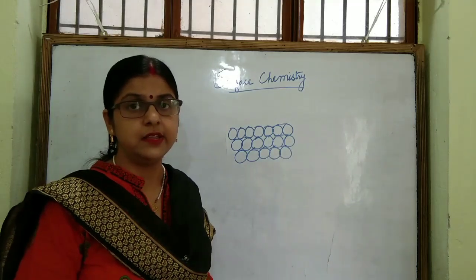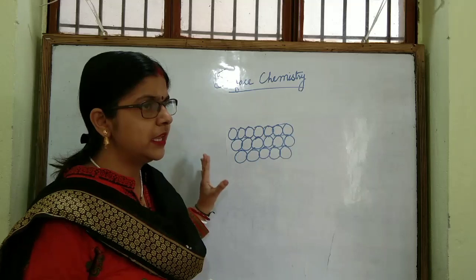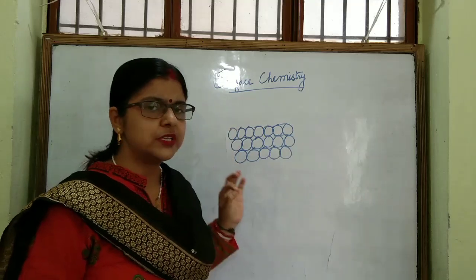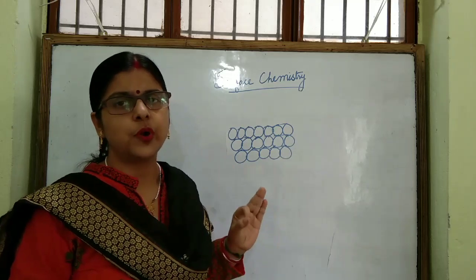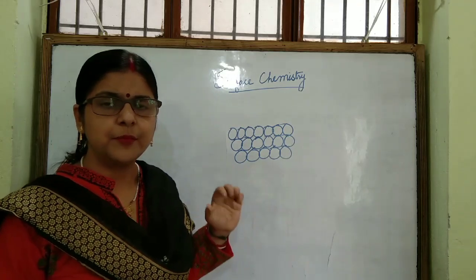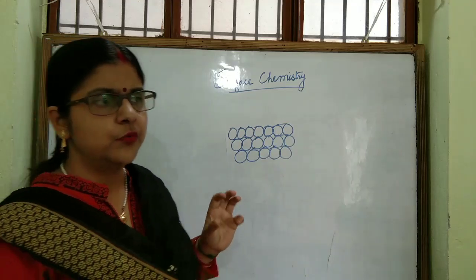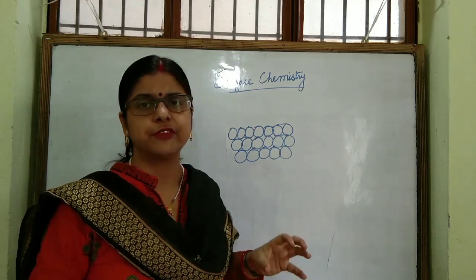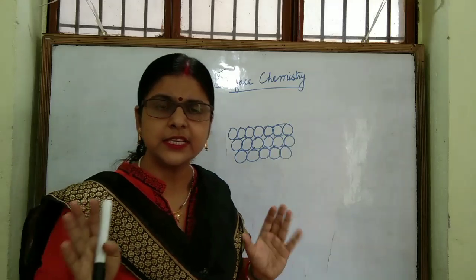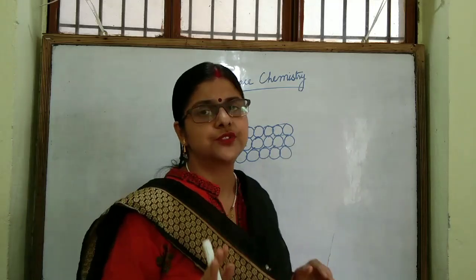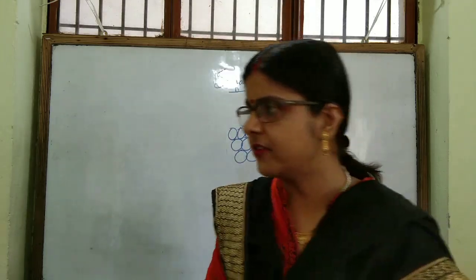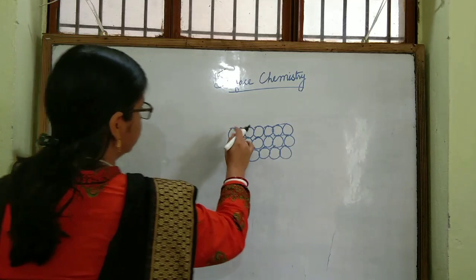Colloids you have studied. Now, in the beginning, when we discuss surface chemistry, we first should know what surface chemistry is. The branch of chemistry which deals with the surface, with the nature of the surface and the species present on it, is known as surface chemistry.